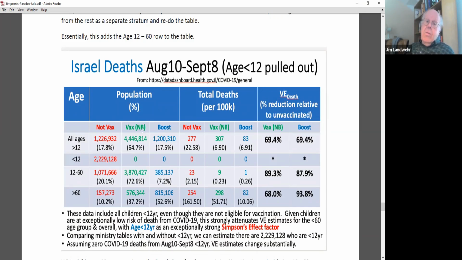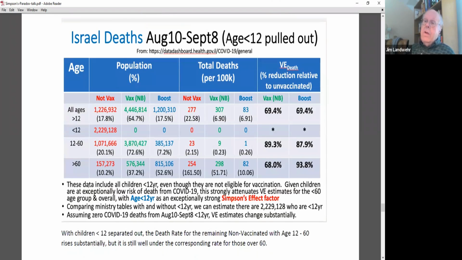The second row, less than 12, is the children, none of whom could be vaccinated during that time. Apparently there were no deaths in that group either. The population of the children is 2,229,000 and so on. And then that leaves the group from 12 to 60. Here we do exactly the same calculations as before.